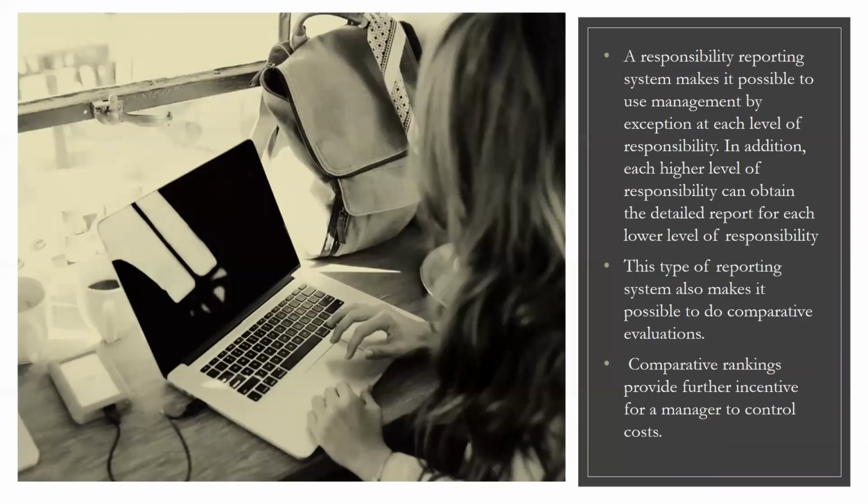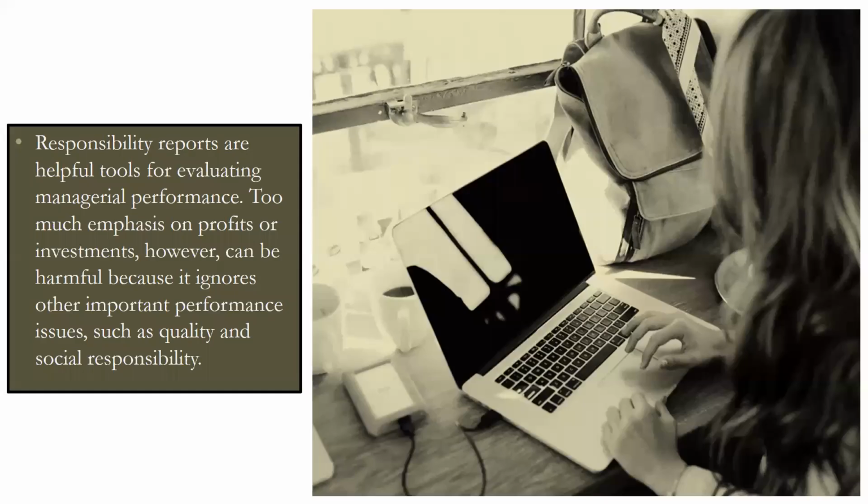So the responsibility reporting system makes it possible to use management by exception at each level of responsibility. In addition, each higher level of responsibility can obtain the detailed report for each lower level of responsibility. This type of reporting system also makes it possible to do comparative evaluations, and comparative rankings provide further incentive for a manager to control costs.